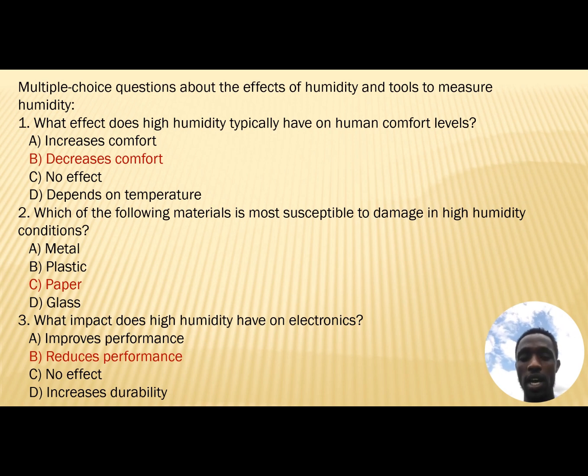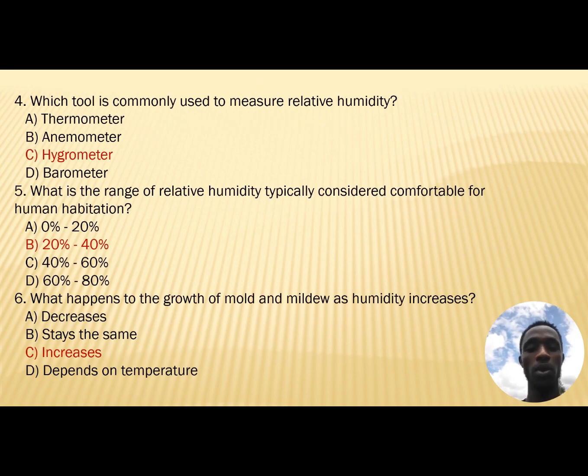What impact does high humidity have on electronics? It reduces performance. Which tool is commonly used to measure relative humidity? It is the hygrometer. What is the range of relative humidity typically considered comfortable for human habitation? It is 20% to 40%.